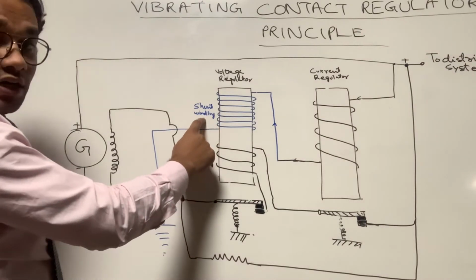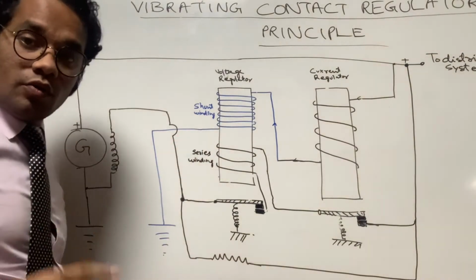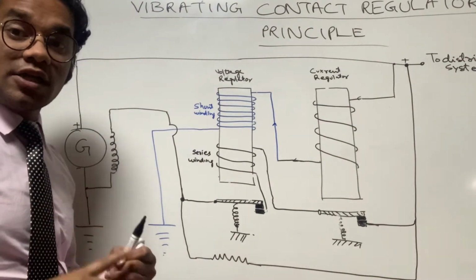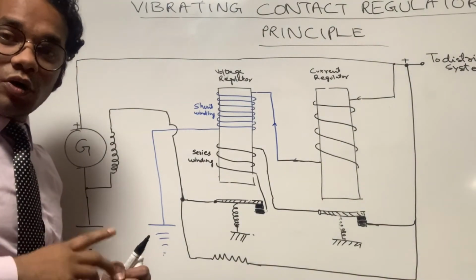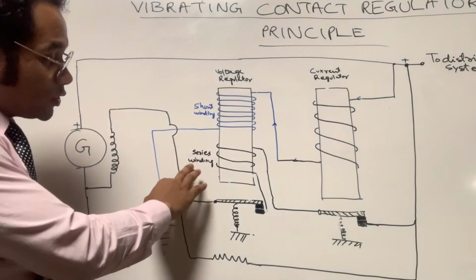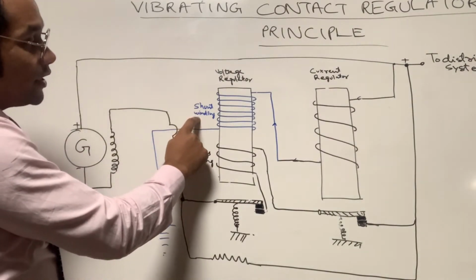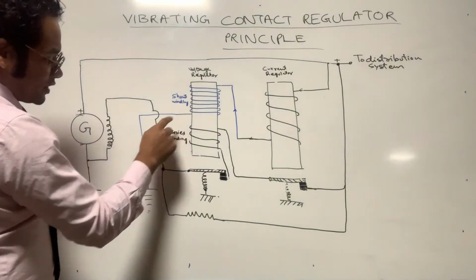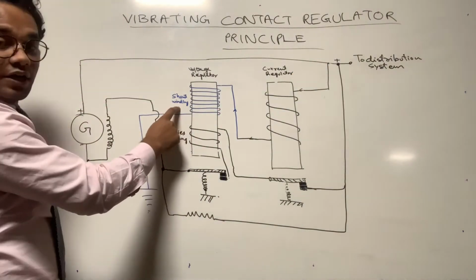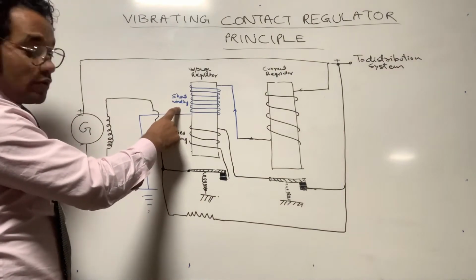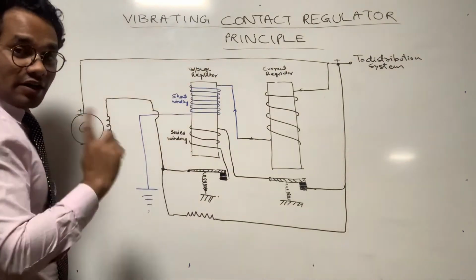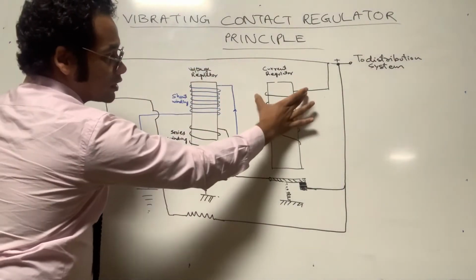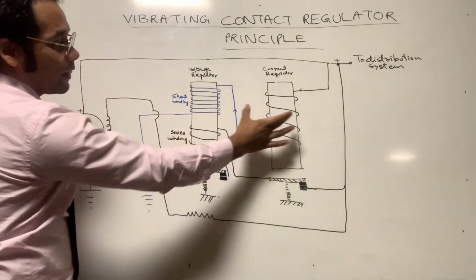Because this shunt is connected in parallel. Note one point, shunt is always connected in parallel and series is always connected in series. Hence the name series winding and shunt winding. So this shunt winding, if you see, its positive end is connected with the positive and the negative end is connected with the ground. Hence this shunt winding is connected in parallel with the generator but connected in series with this current regulator winding. Okay, as you can see here.